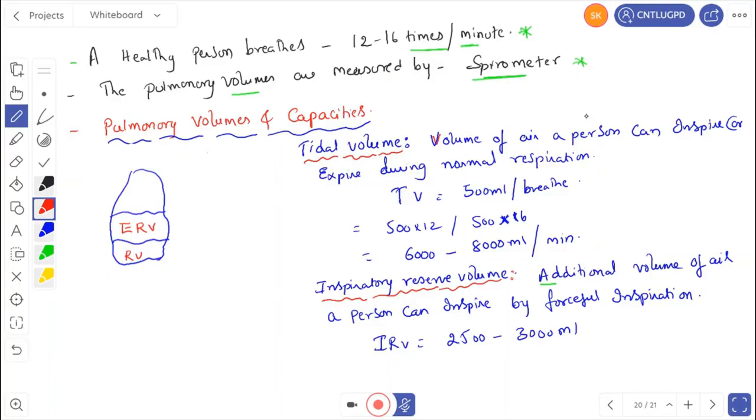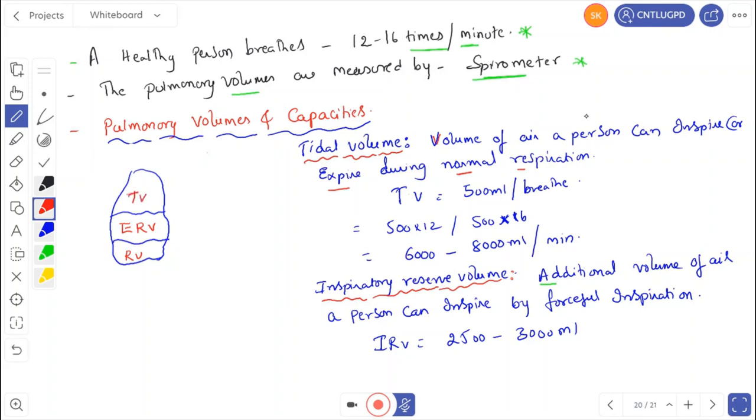The first one is tidal volume. Tidal volume is the volume of air a person can inspire or expire during normal respiration. So how much volume a person inspires, that is the tidal volume, this one.